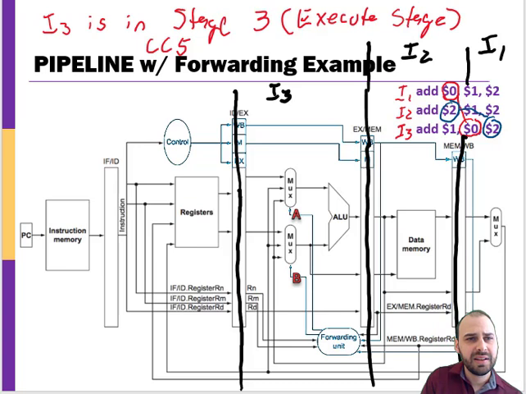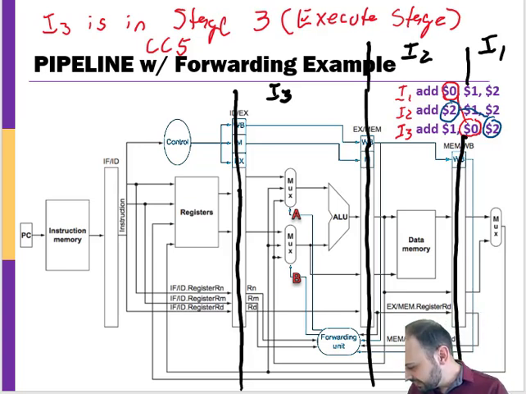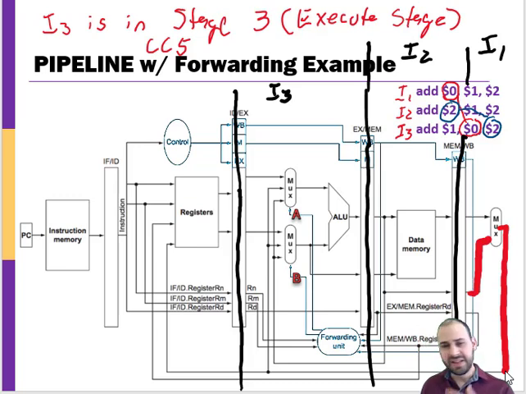Let's see, we'll use a different color. We want this value here that had come as the bypass out of the ALU previously.